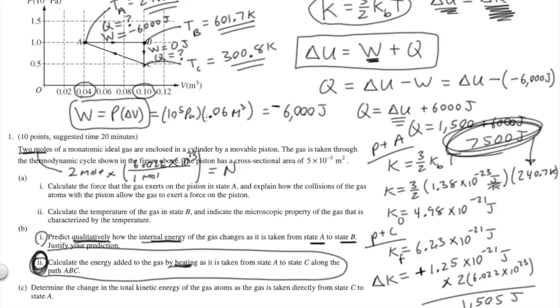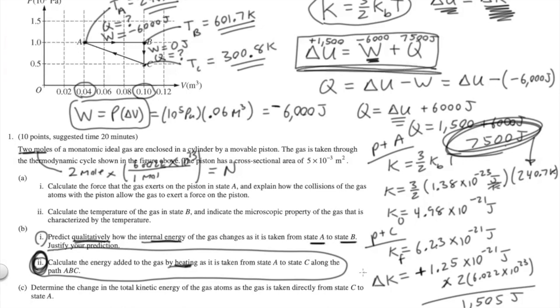Before we move on to the next question, the reason this makes sense is, come up to this equation: change of internal energy is work plus heat. We know the change of internal energy was plus 1,500, and the work from A to C was negative 6,000. So in order for this equation to hold true, the thermal energy has to be 7,500.